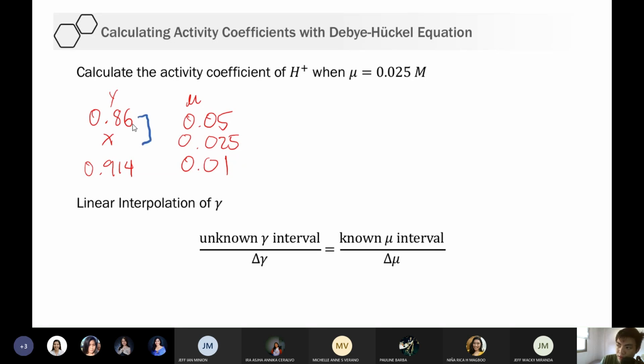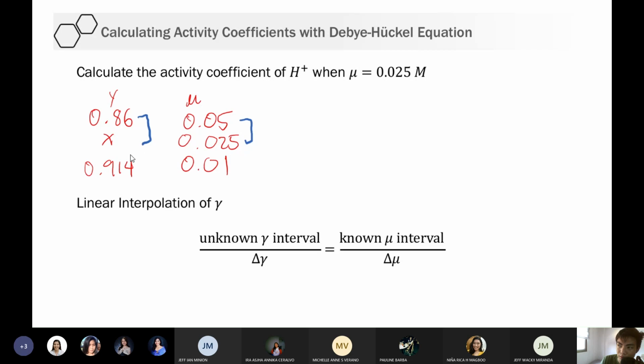So suppose this is our unknown gamma interval. The known mu interval would be this one also. Again, this will be our unknown gamma interval.